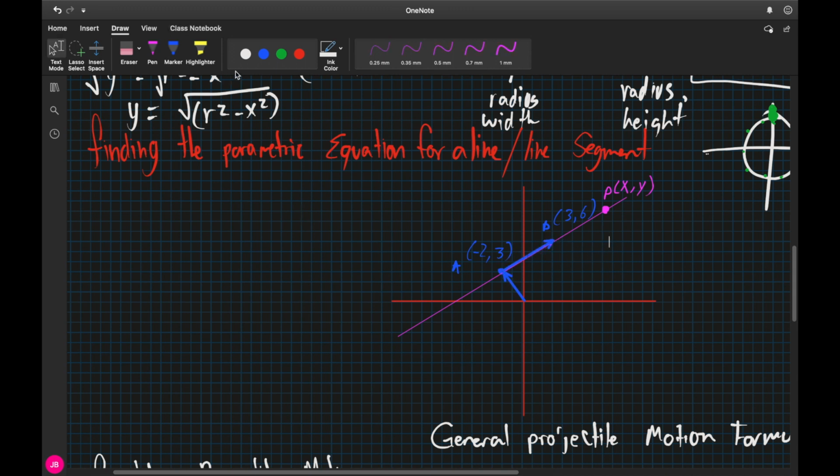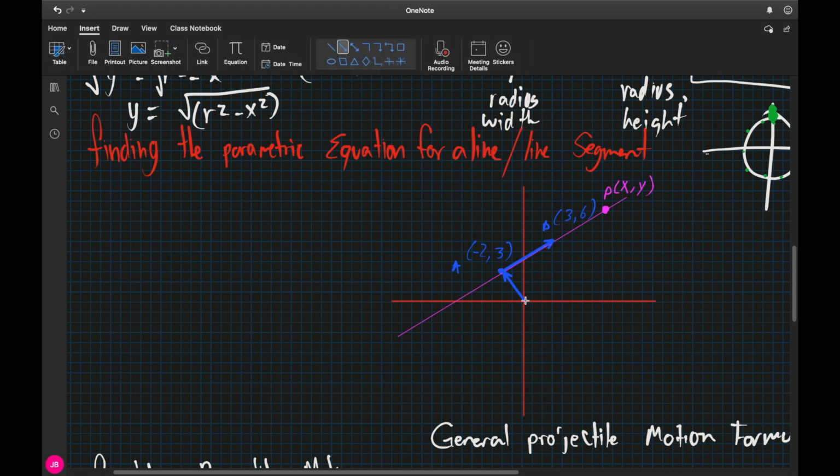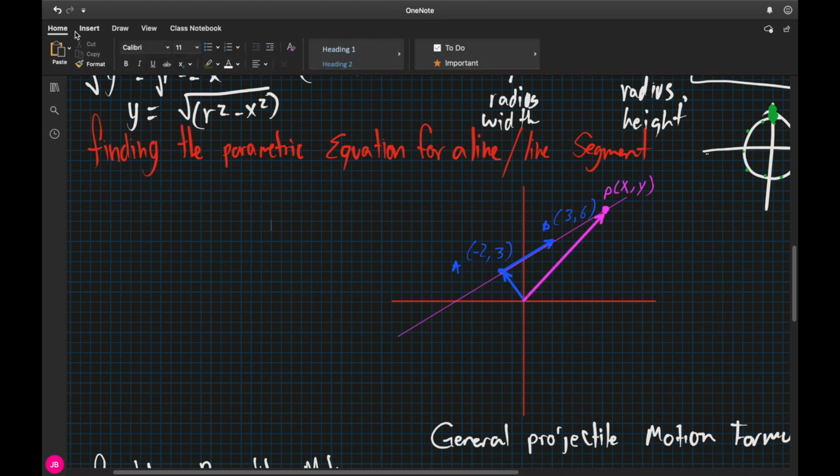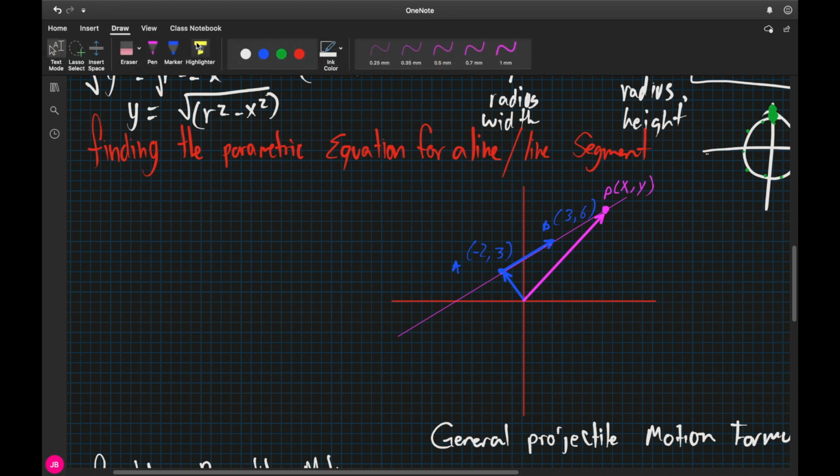So let's write down a couple of things that we know. First of all, we're going to need one more vector, and that vector is going to be vector OP, which is the vector from the origin all the way to point P. So let's use logic to figure out exactly what we know.